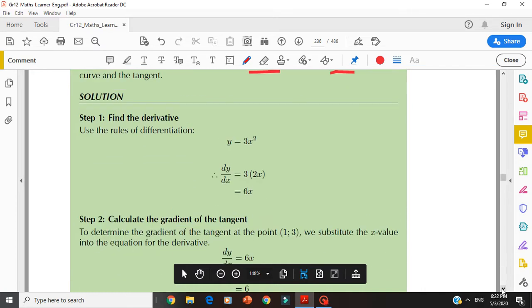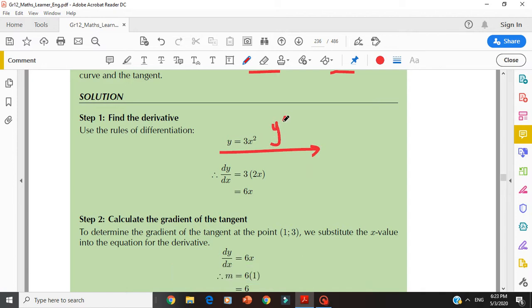So the first thing we're going to do is find the derivative. The derivative of y equals 3x squared will be 3 times 2x to the power 2 minus 1, which is essentially 6x.